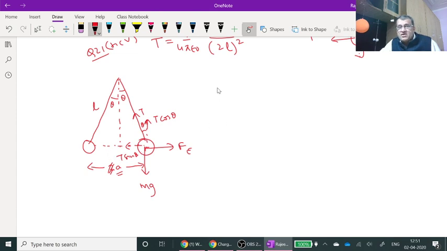Now, equilibrium. Now the issue comes: is there an equilibrium or not?